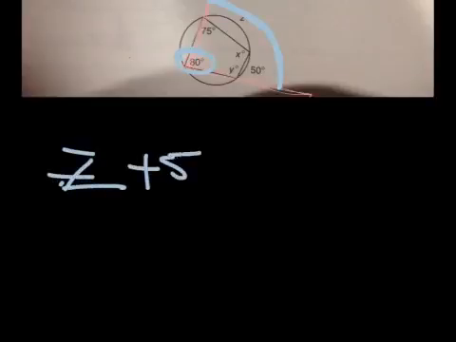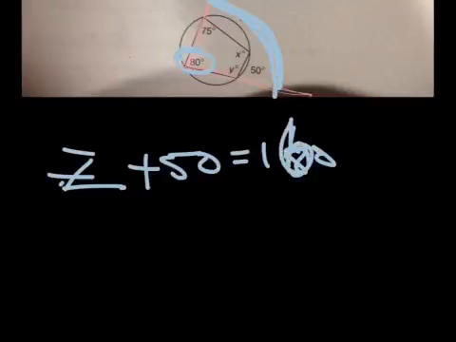So z, come on, why is it not writing? Z plus 50 is going to be equal to 160, because that's what this is. I'm trying to use this big old fat boy pen.